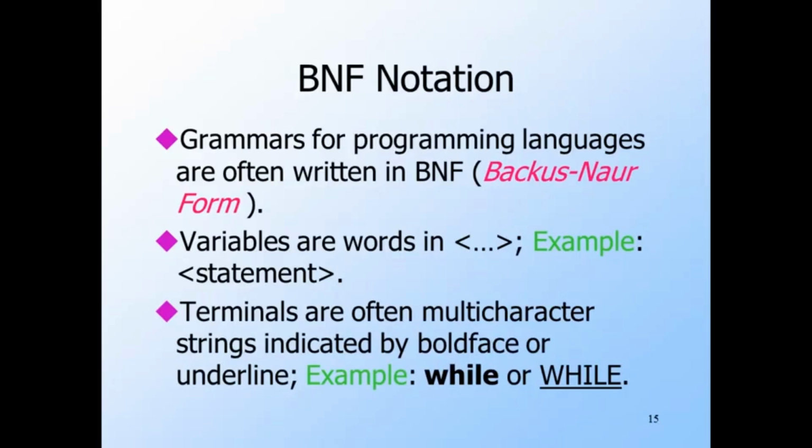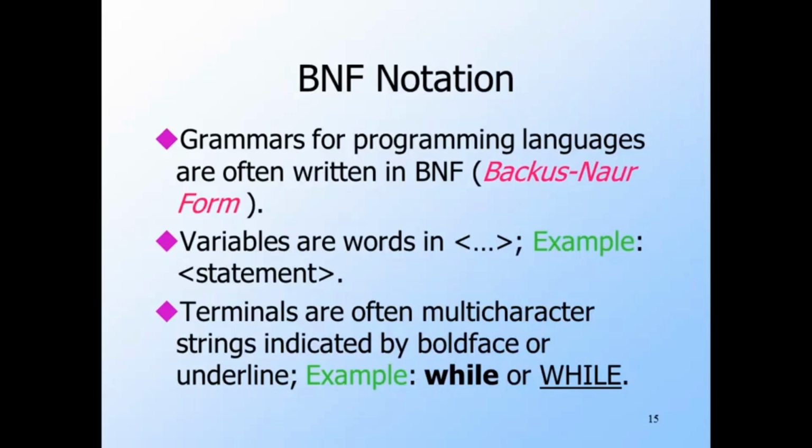Some terminals for a programming language are single characters, just like in our formal context-free grammars. For example, the plus sign or semicolon are commonly terminals in the grammar for a programming language. However, other terminals are really reserved words like if or while. And we see these shown either in bold or underlined depending on the style used to remind us that they are single symbols.